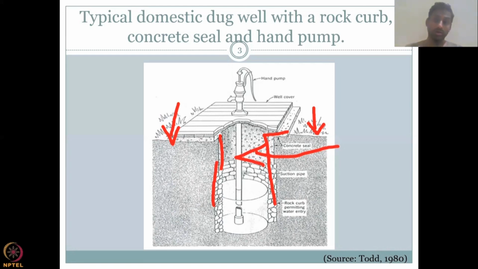If you want to take only the water from the third aquifer, which is this one, let's divide into 1, 2, and 3. So what you see here is, I want only water from the third aquifer.